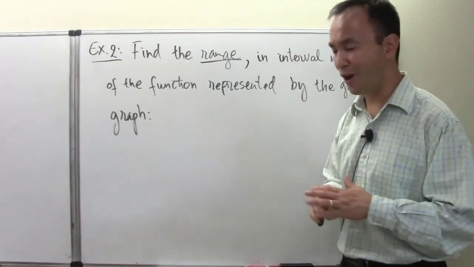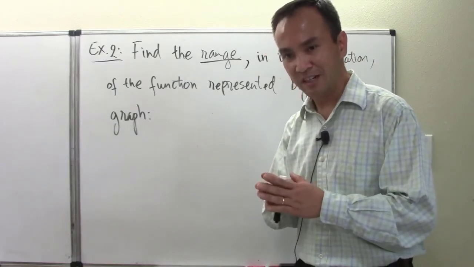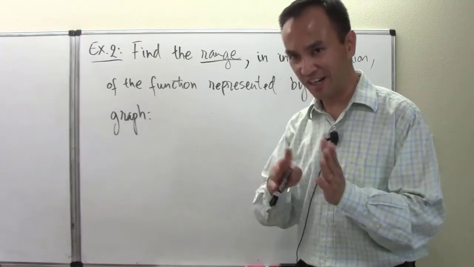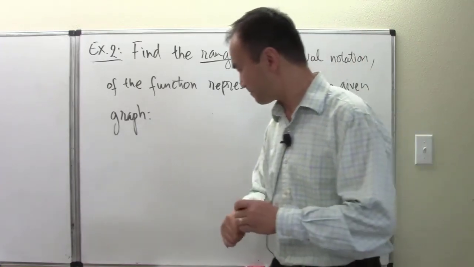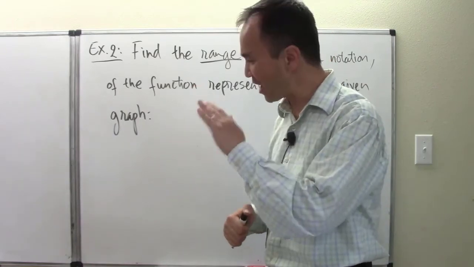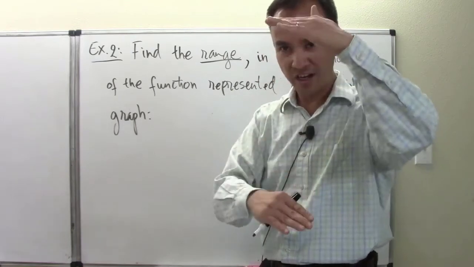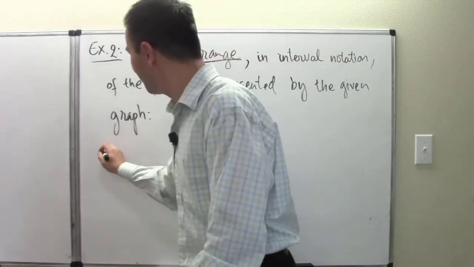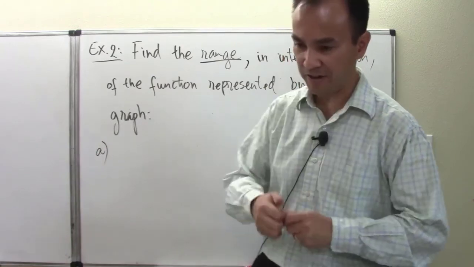Along the way, I'll be introducing some good tips and tricks here and there, so that it helps identify the range easily. But keep in mind, the range graphically is the vertical spread of the graph. Okay, so now let's look at the graph for our first function in part A right here.